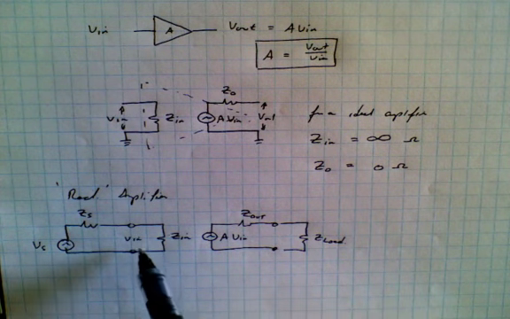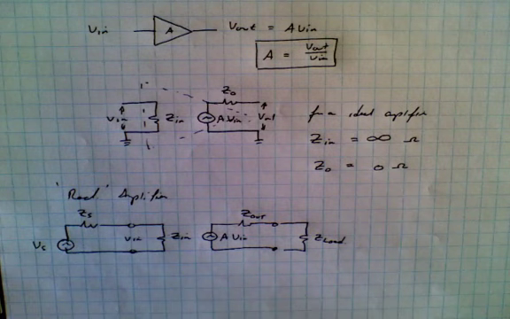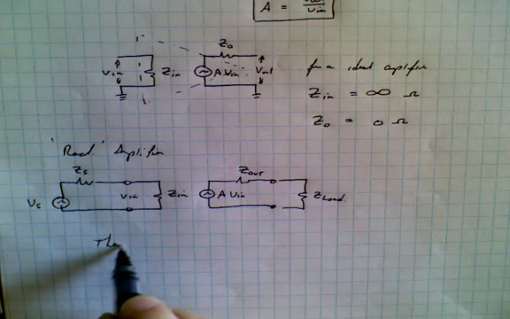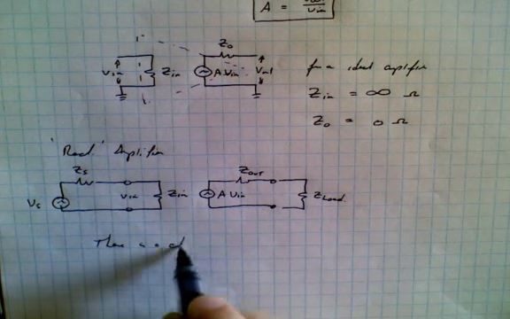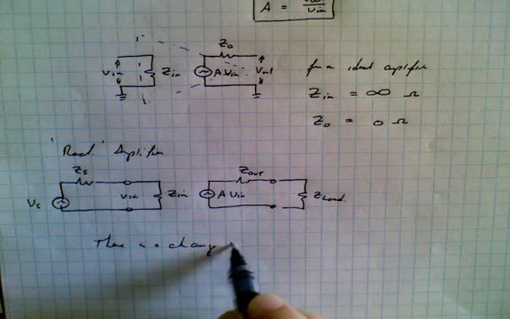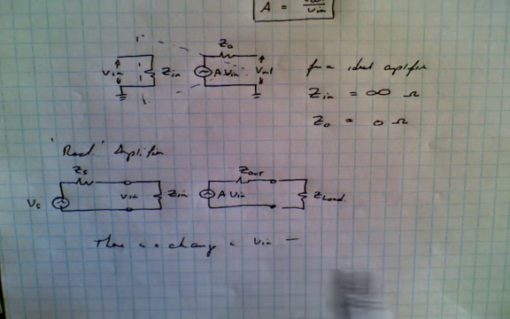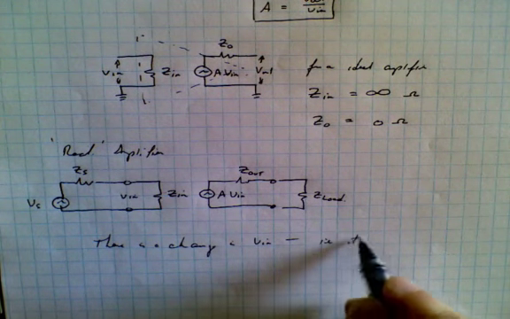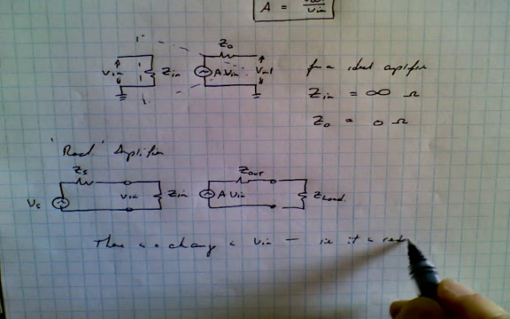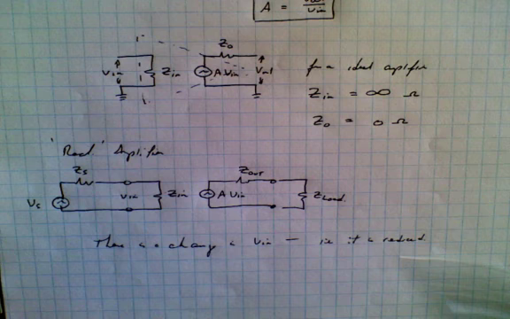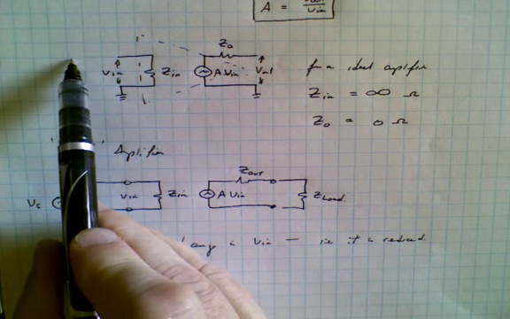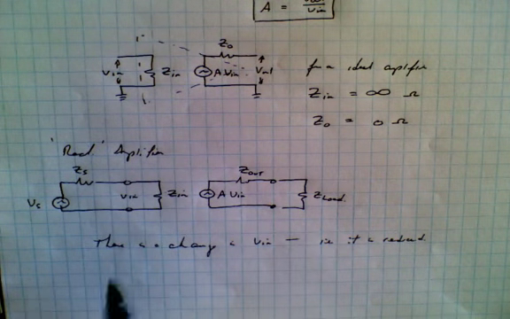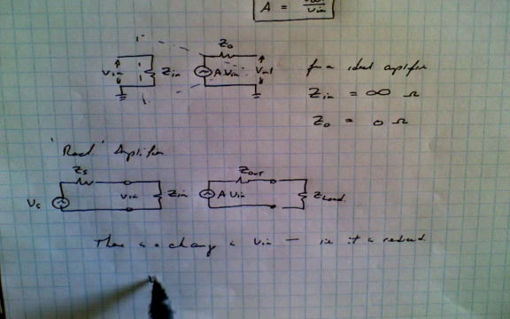Well, we notice now that there's a change in V in. Notice this. There is a change in V in. And the change is that it's reduced. You see, if we put in a source over here with Vs in it, then V in would equal Vs. But here we have a voltage divider.